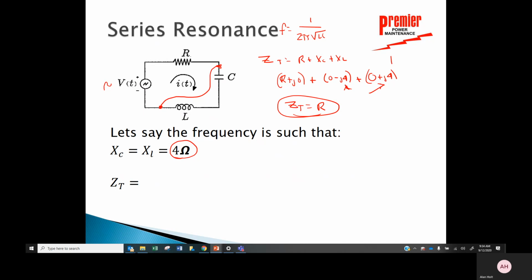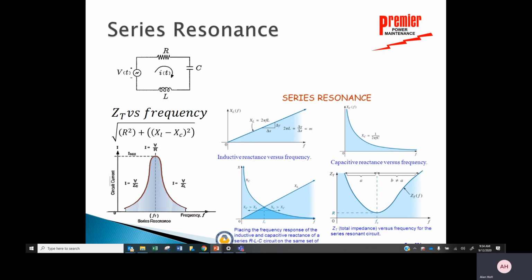Now, looking at that series circuit again, we can get a better picture of it here. Here is a graph of what happens to this X sub L right here. As the frequency goes up, the impedance goes up. So I can see X sub L going up. If I look at X sub C, that's right here. The equation is 1 over 2 pi FC. As the frequency goes up, it gets smaller and smaller.